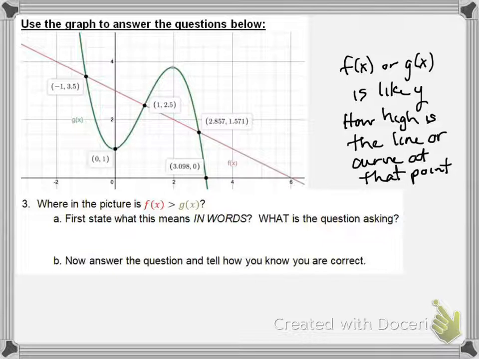So basically what it says, state in words what this means, I would say this means that the red line is above, higher than the green one. And the places where I see that happening are not there. That's so good because the green is definitely higher there.